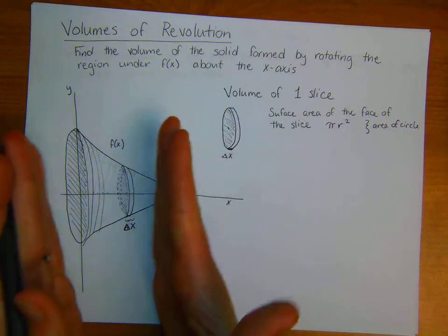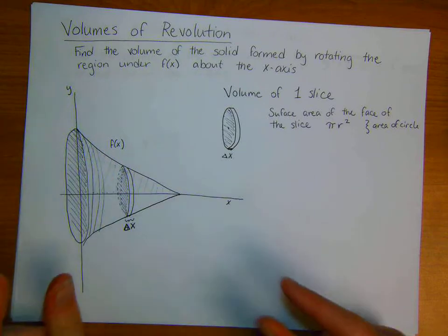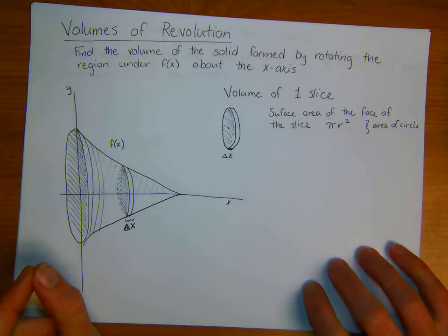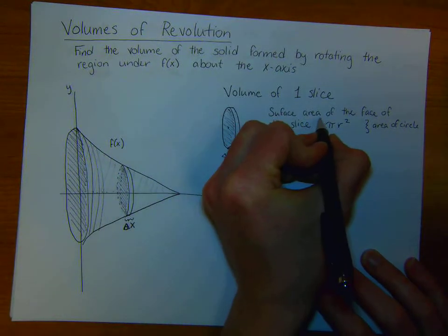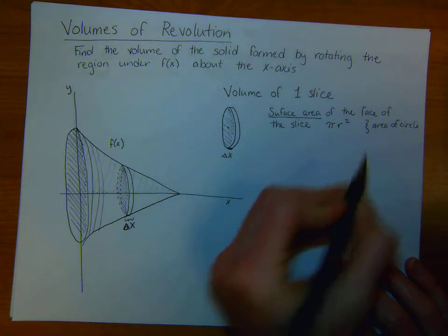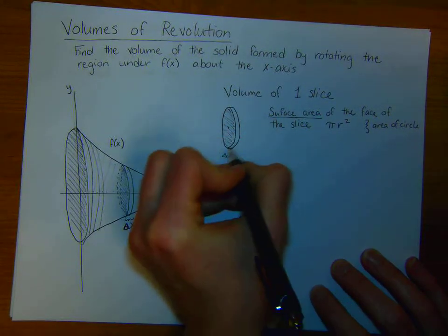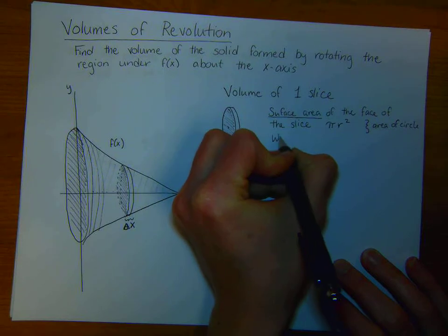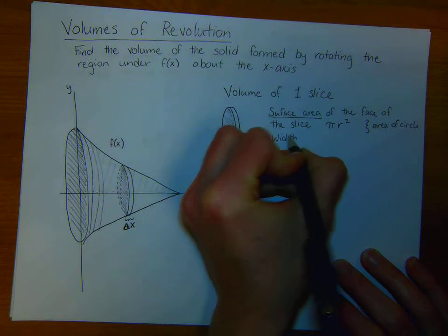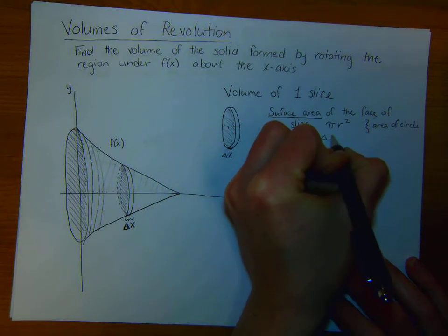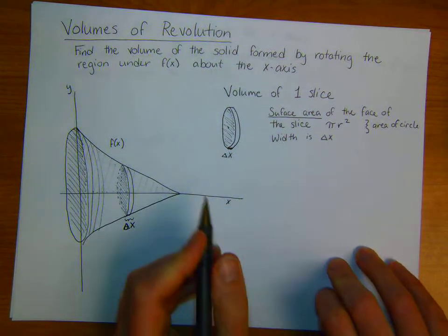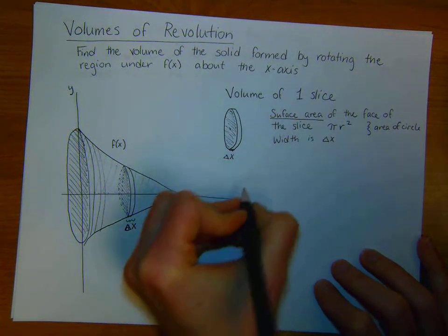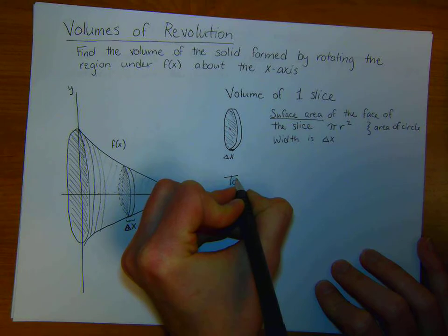And as our slices get closer and closer together, it's going to be a more accurate representation of the volume. So the surface area of the face is the area of a circle, and the width is delta x.